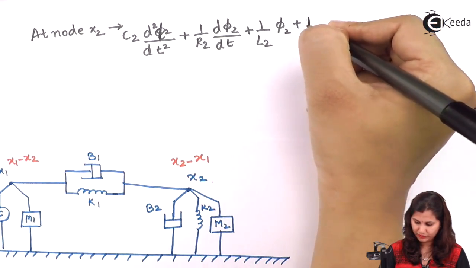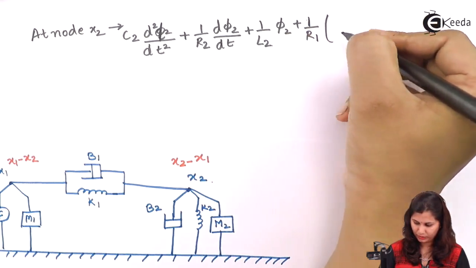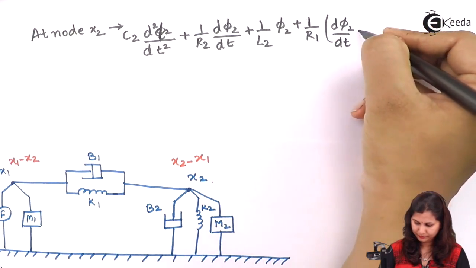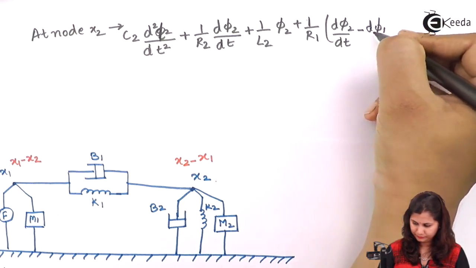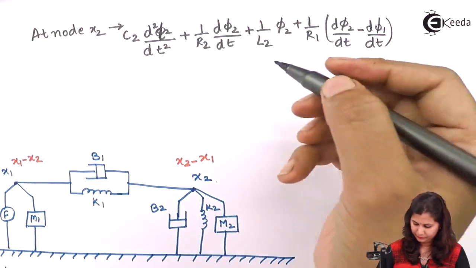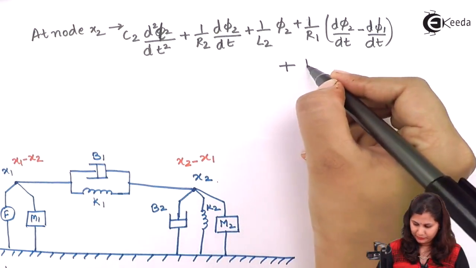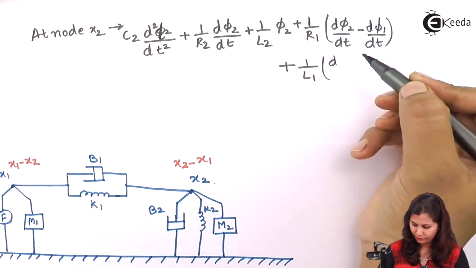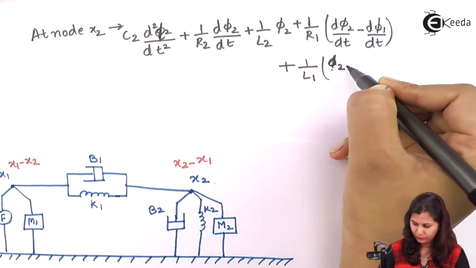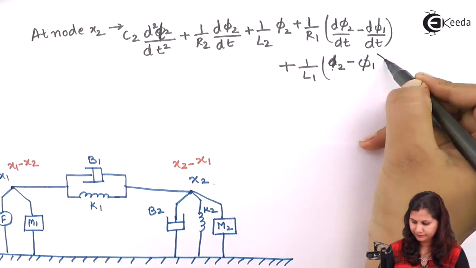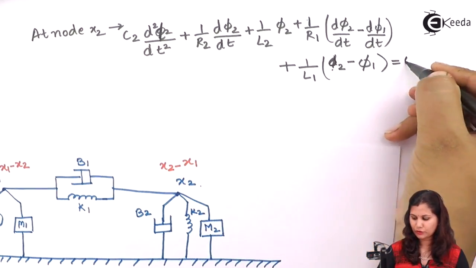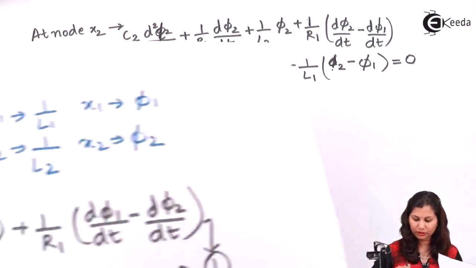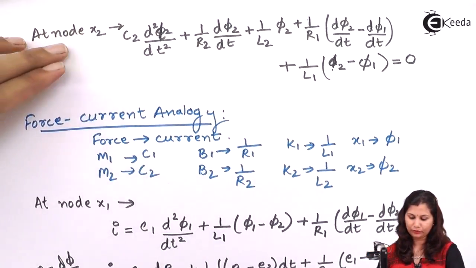Then we have B1, so B1 will be replaced by 1 upon R1. Plus K1 will be again replaced by 1 by L1. Then we have phi2 minus phi1, and this is equal to 0.